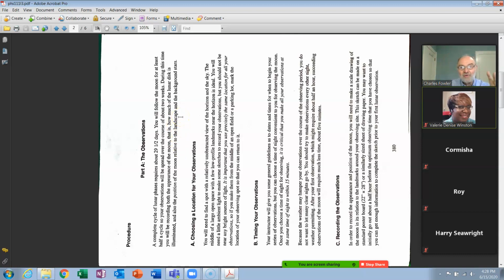The second feature is where is the moon relative to background stars. And this is why it can't be the very late morning hours, okay, like 5:30 or so when the sun's coming up. You're not going to see any stars because the sun is brightening up the sky.